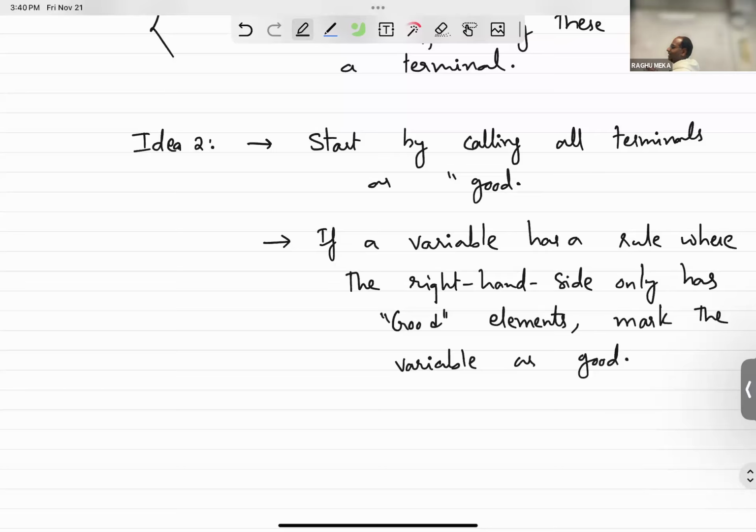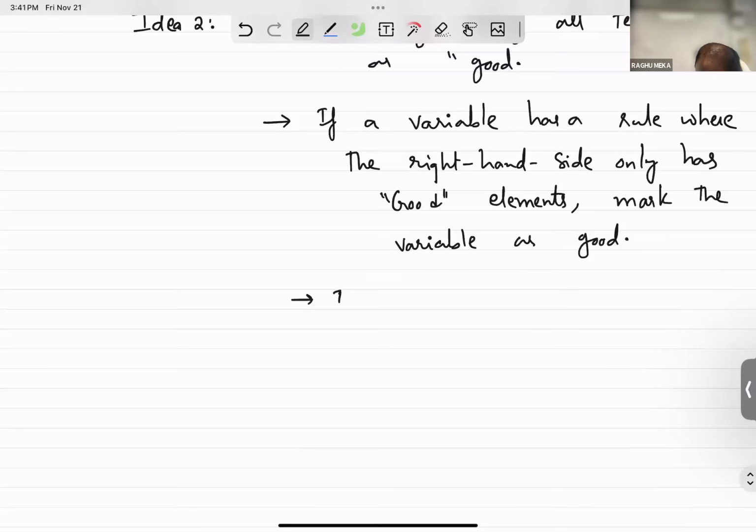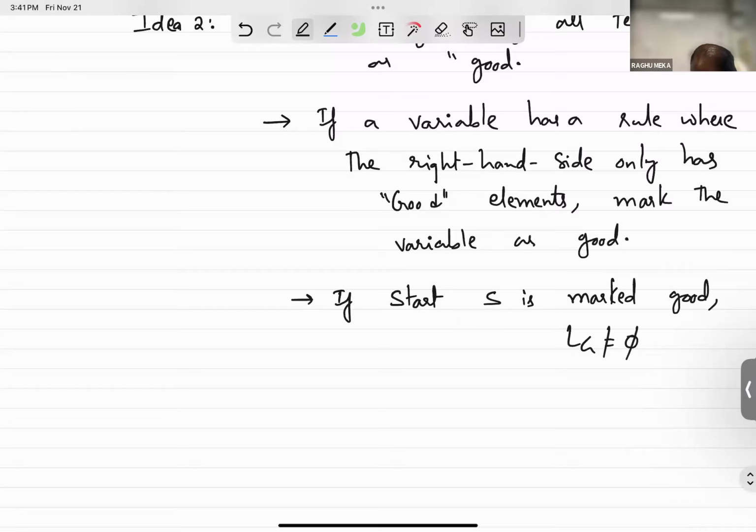Okay, so if there is A to 0, 1, then I'm going to mark A as good. And if there is a rule which says B goes to A, I'm also going to mark B as good in the next round. Okay, and eventually, if start S is marked good, then the language is not empty.